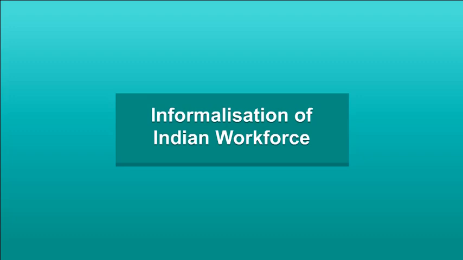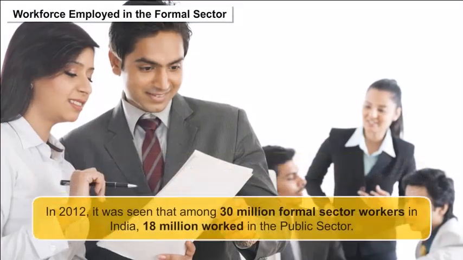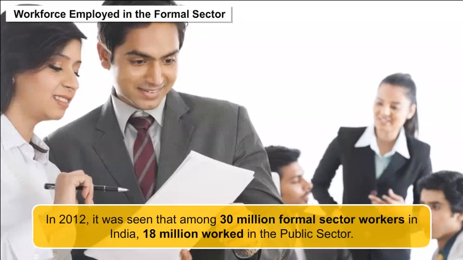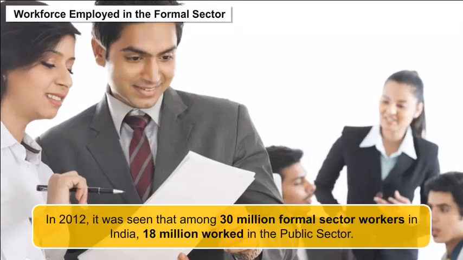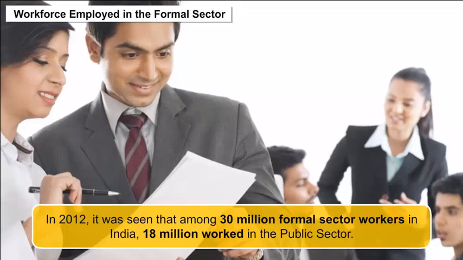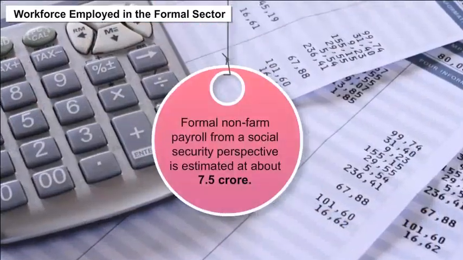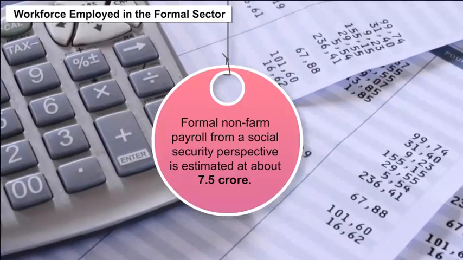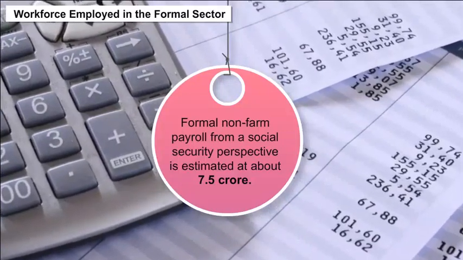Informalization of the Indian workforce. In 2012, it was seen that among 30 million formal sector workers in India, 18 million worked in the public sector. The formal non-farm payroll from a social security perspective is estimated at about 7.5 crore.